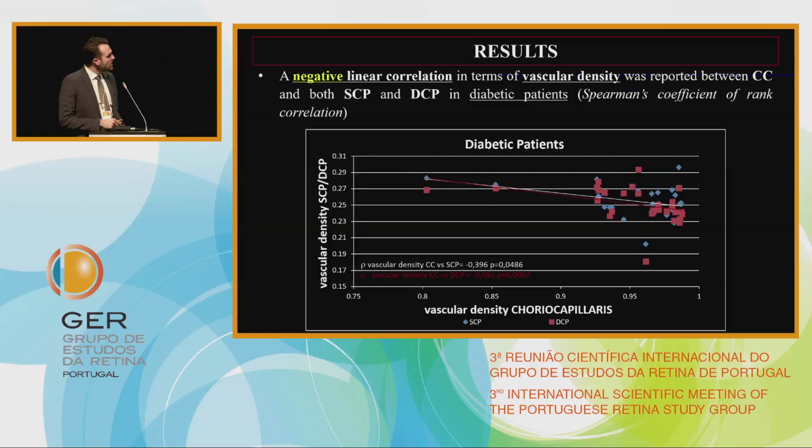It means that the more the choriocapillaris perfusion is impaired, the more active the vascular response from the retina, and vice versa. So the more the vascular density is impaired at the level of the superficial or deep capillary plexus, the more the choriocapillaris tends to increase the level of perfusion.